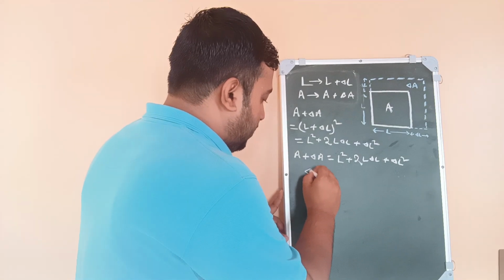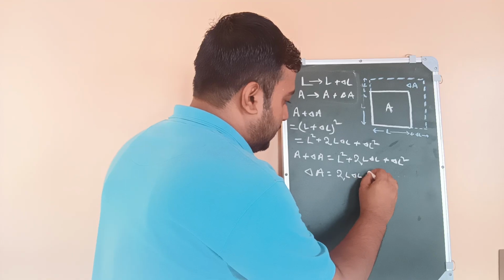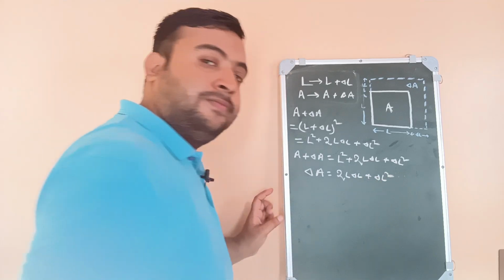So we can say that delta A is equal to twice L delta L plus delta L squared.